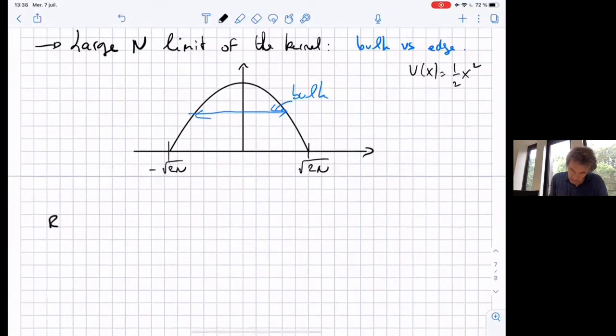So what Sanjib is asking is what happens if in general I have a single particle Hamiltonian of that form.